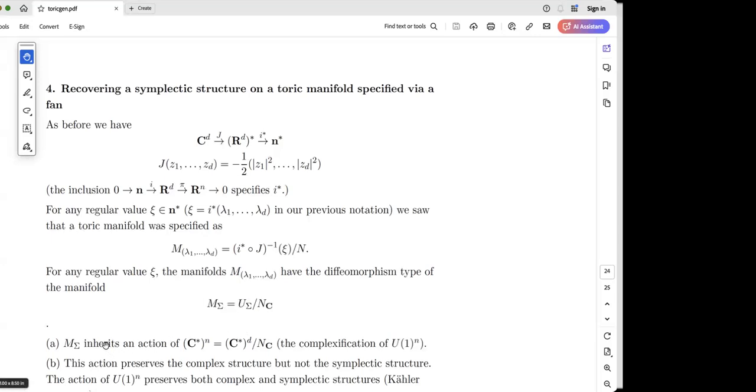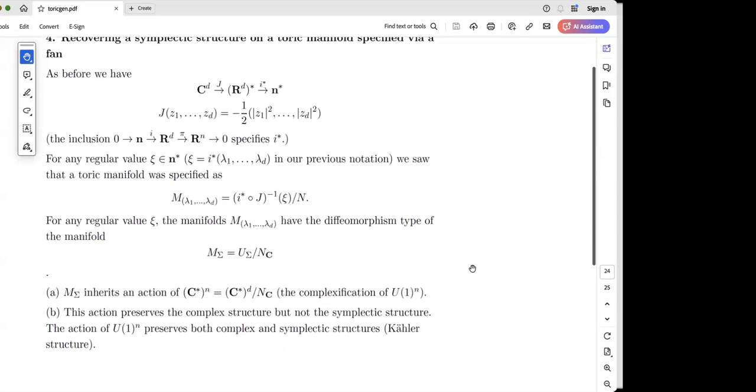So first of all, M sub sigma inherits an action of C star to the n, which is C star to the d quotiented by N sub C. And secondly, this action preserves the complex structure, but not the symplectic structure. The action of U1 to the n preserves both the complex structure and the symplectic structure, in other words, the Kähler structure.